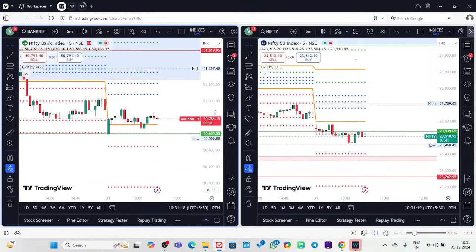Bank Nifty is also taking support from the demand zone. Let's see what will happen.